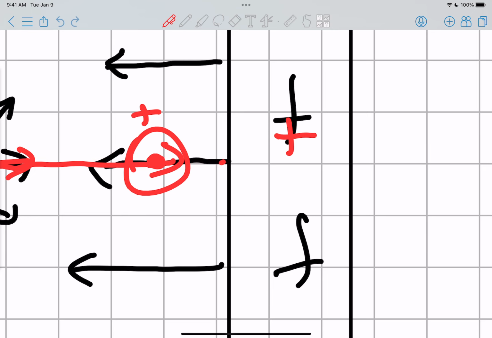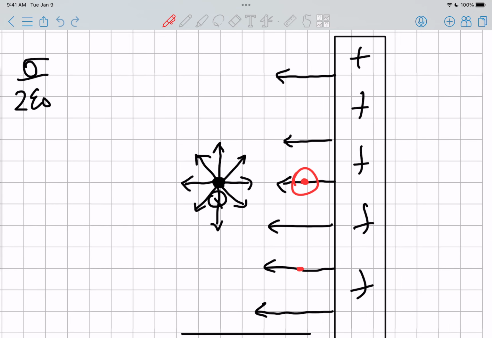So we're not sure exactly what distance it is away yet, at least. But we know it has to be between here, because the vectors of the electric fields are going to perfectly cancel out. You're going to have one going to the right and one going to the left.